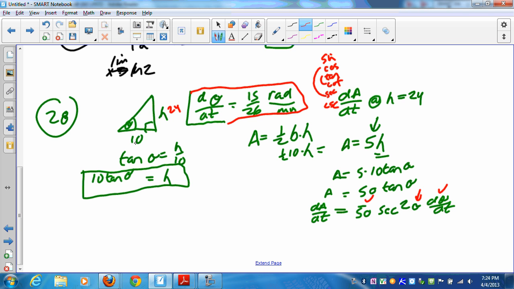So I need to know the cosine of this guy here. We could use Pythagorean theorem. At h equals 24, we would have 10 squared plus 24 squared is equal to the hypotenuse squared. Alright, it turns out that's 26.